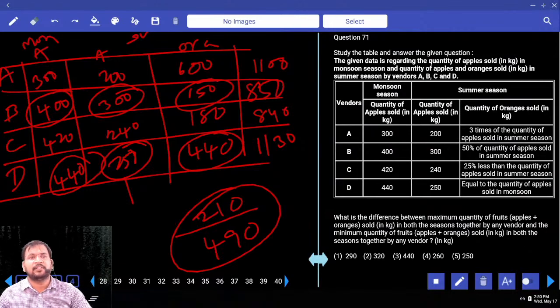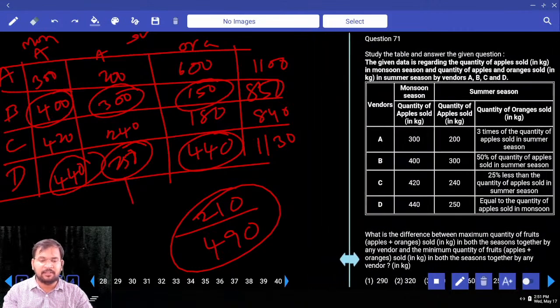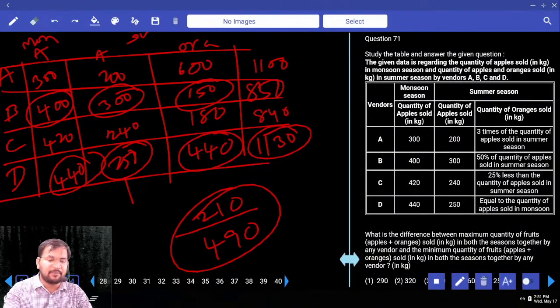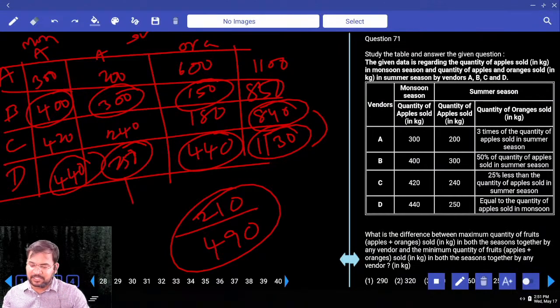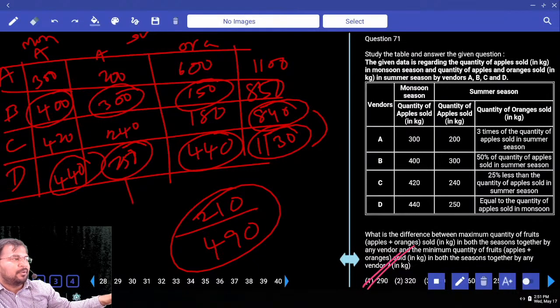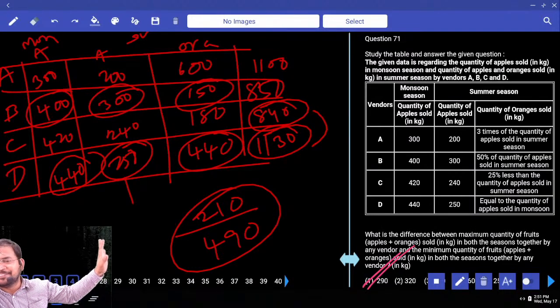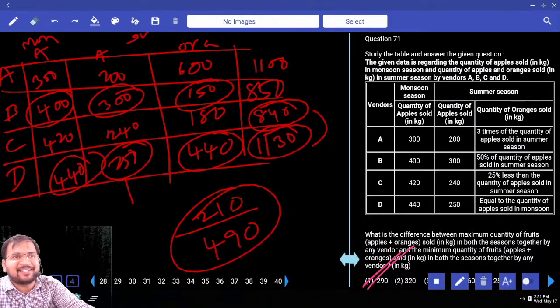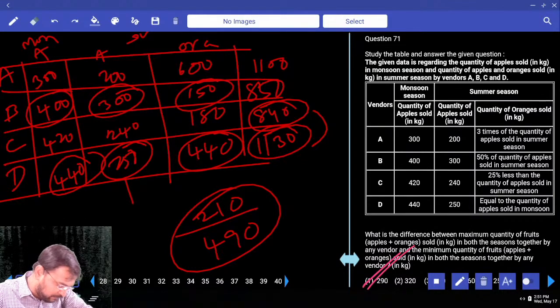All of you clear? They're asking maximum where, minimum where, the difference. 130 plus 160. Your answer is 290. Maximum and minimum of apples, oranges, summer season, monsoon season, by which vendor. Okay? Maximum to minimum difference.